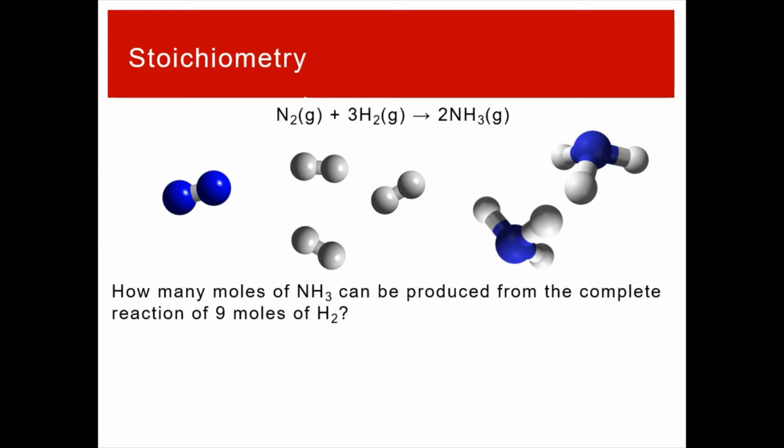How many moles of NH3 can be produced from the complete reaction of 9 moles of H2? So this is kind of a more practical scale. If you're actually doing this reaction, you would be counting your amount of substances by moles. Remember, a mole is kind of the relevant amount of molecules. But we still use the same coefficients. 2 moles of NH3 comes from the 2 right there, and the 3 moles of H2 comes from the 3 right there.